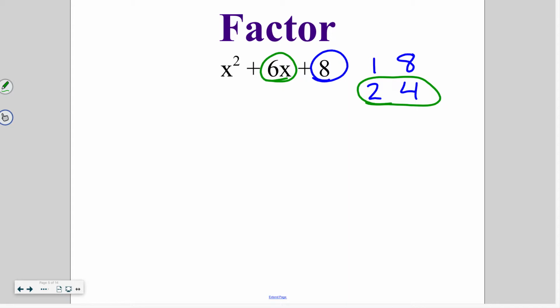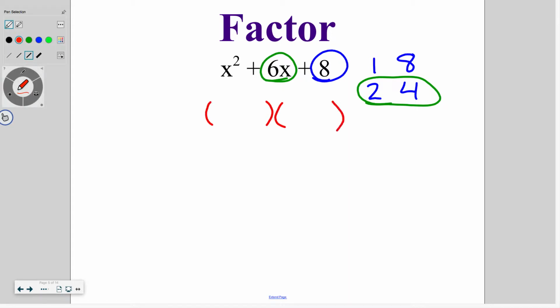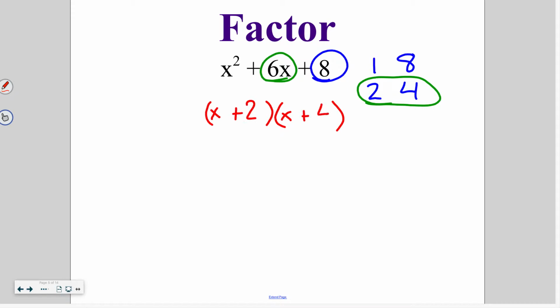Then to finish solving the problem, we take a very simple step and break it into 2 pairs of parentheses. X is going to be the first term because that comes from x times x is equal to x squared. Then I'm going to add 2 and add 4. This is because 4 times x gives us 4x, 2 times x is 2x for a total of 6x, and 2 times 4 is 8.